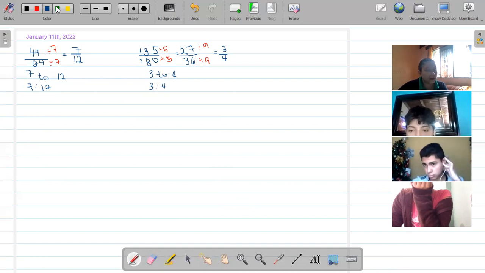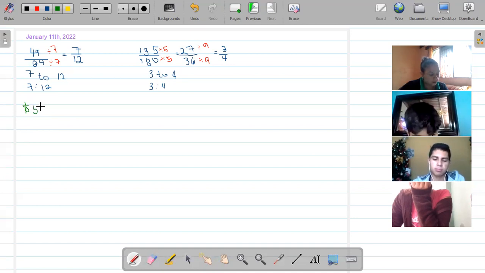So we're gonna find the unit rate, I'm gonna do it in green, of, this is in dollars, this is exercise 1 of your book, page 185. So $57 for 6 hours. And we want the unit rate. What should we do?